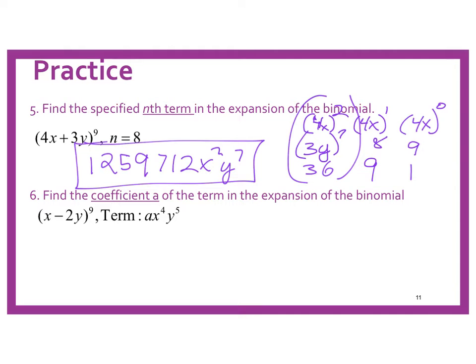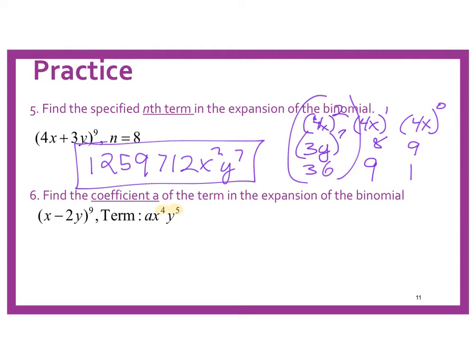All right, now, in this next one, all they want is the coefficient. They just want the number. So we just have to figure out which number it would be. Now it's 9. I am caring about the extra stuff a little bit. But notice which term it is we're talking about: x to the 4, y to the 5th.